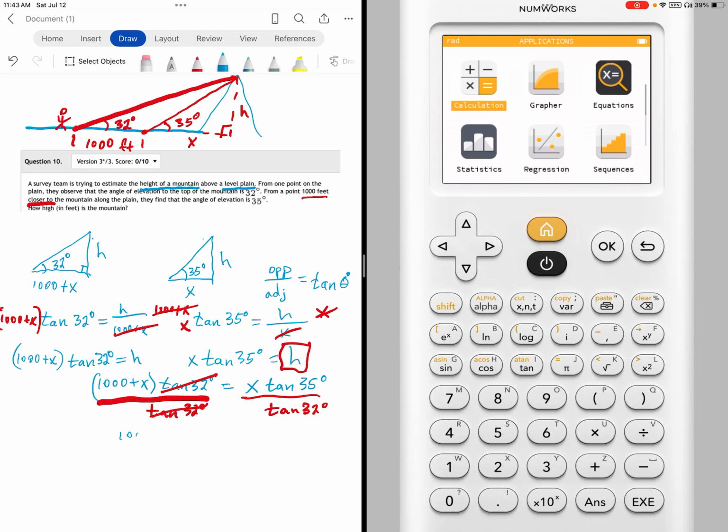So now we've got 1000 plus x equals x times tan of 35 degrees over tan of 32 degrees. We can subtract x from both sides.